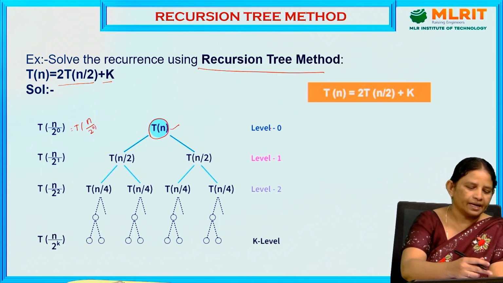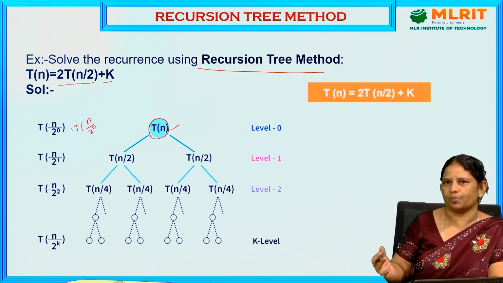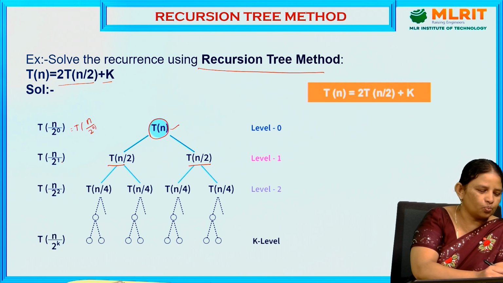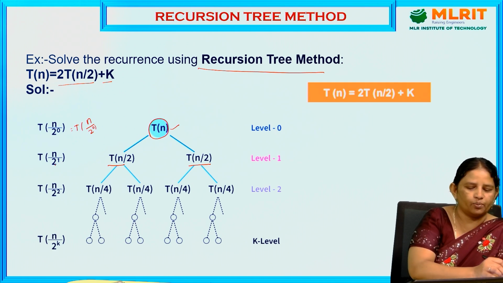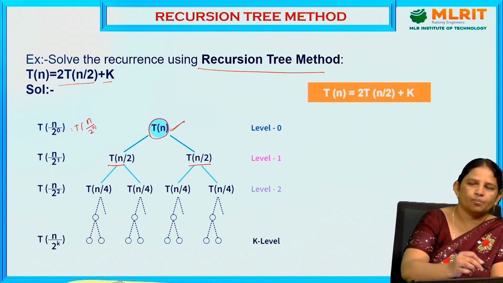Next, T(n) is divided into two subproblems, T(n/2) and T(n/2). That is 2 power 1 times T(n/2). When we combine T(n/2) and T(n/2), we get the main problem.